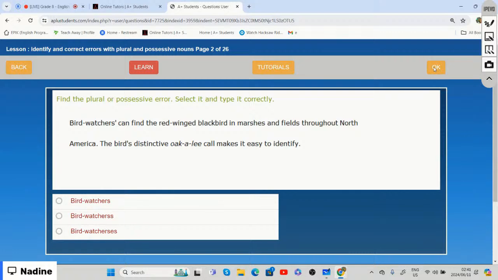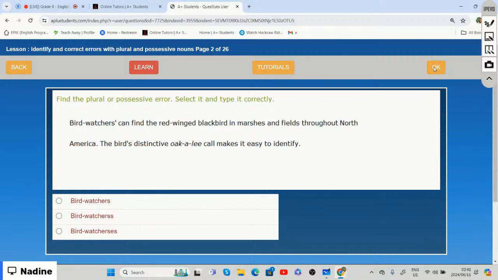So you see there's a difference between plural and possessive error. Plural shows that there's more than one, and we only add an s or es, but the possessive noun shows someone or something has something or owns something, all right? And we add an apostrophe to that, or we just add an apostrophe and an s.